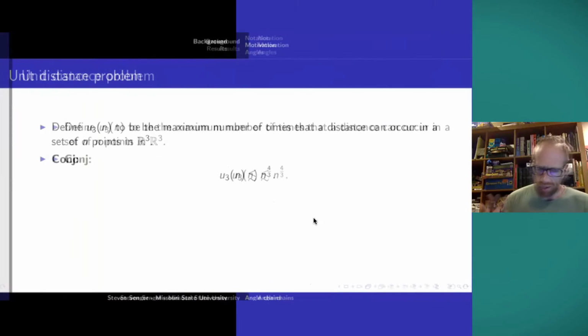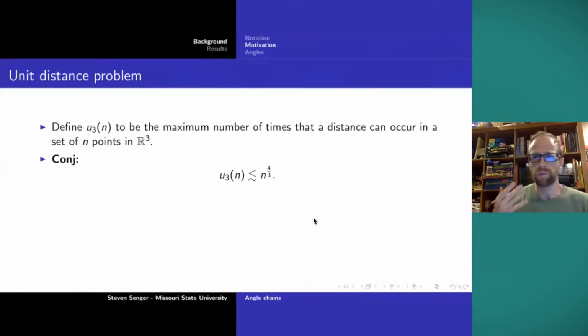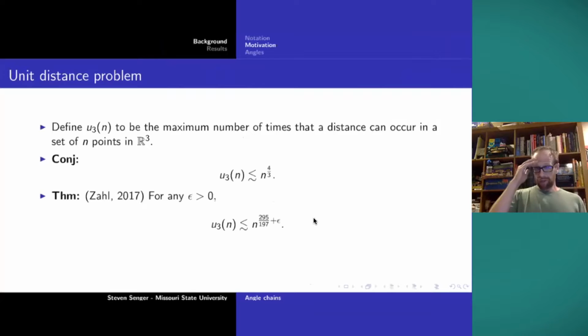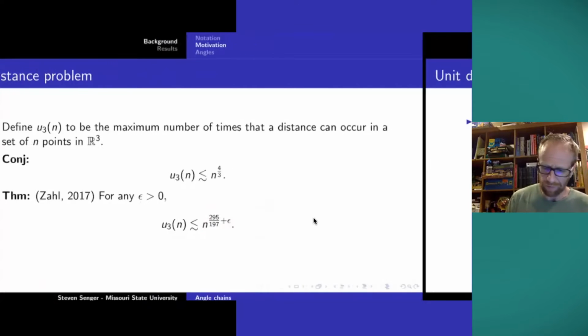The conjecture here is that no particular distance can occur in a large finite point set in 3 dimensions more than n to the 4/3 times. But Josh Zahl has, to the best of my knowledge, the best record, which is n to the 295 over 197 plus epsilon for any small epsilon. So this is a nice fraction, but I just think of it as something less than 3/2.